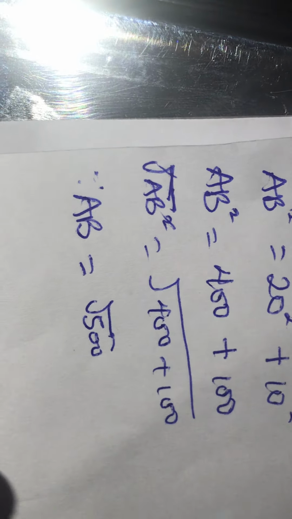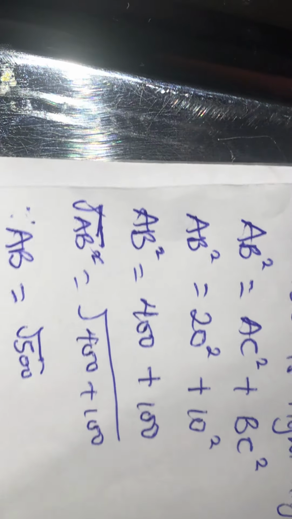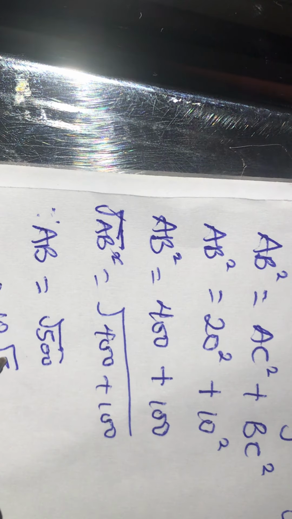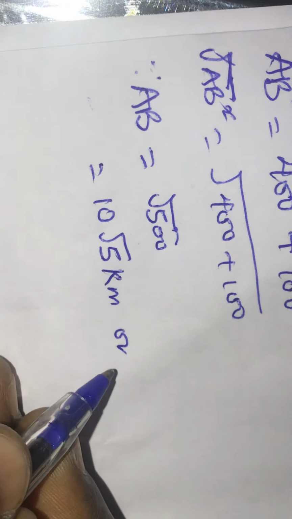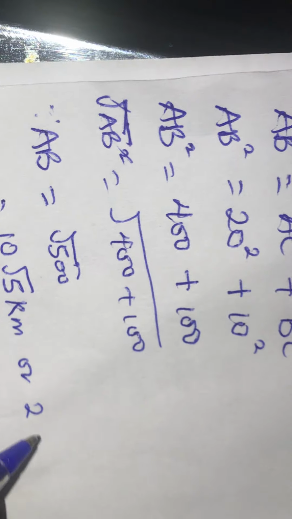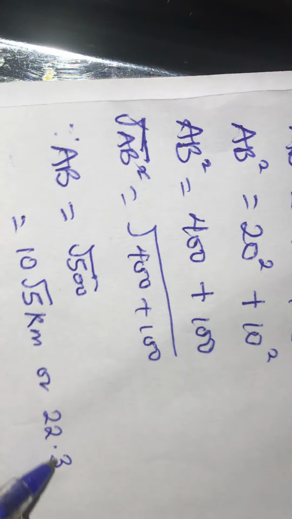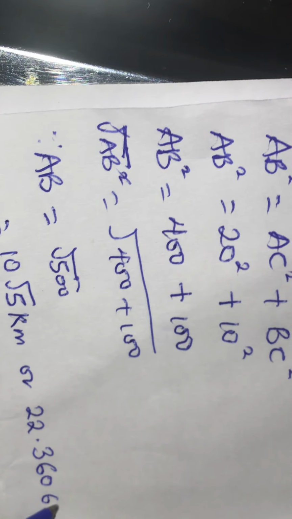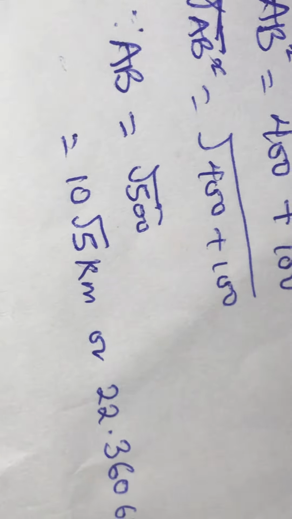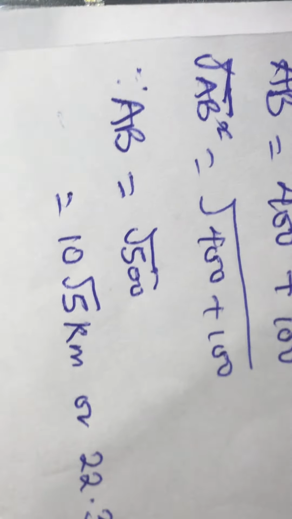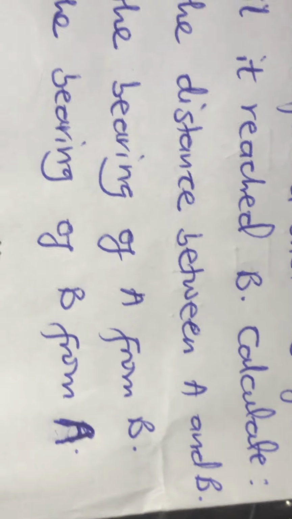We can still simplify this to give us 10 root 5 kilometers, or we change it to decimals, that is 22.360679. I believe you have the same answer. Great. So this is the first part of the question, that is, find the distance between A and B.